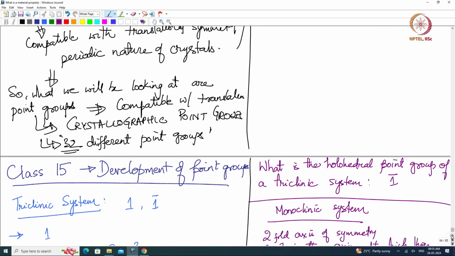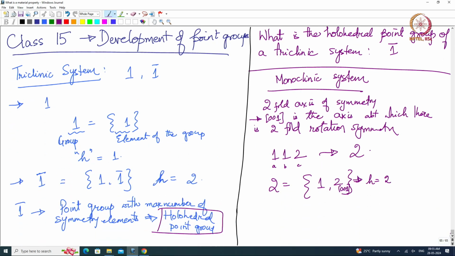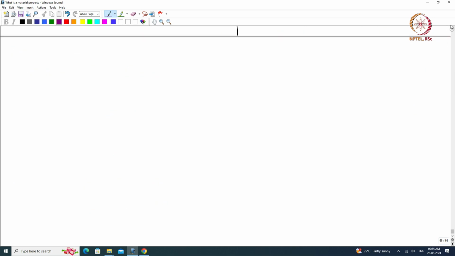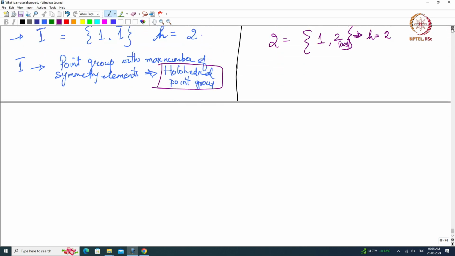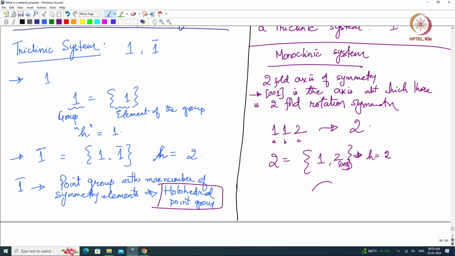So identity should exist, and so if I have a twofold operation about 0 0 1, how am I going to represent that? I can represent it as what is called a stereogram, right. We did this earlier. So, a twofold operation about 0 0 1, right. If I have an asymmetric point here, the same asymmetric point should exist here at an angle of 180 degrees, right.